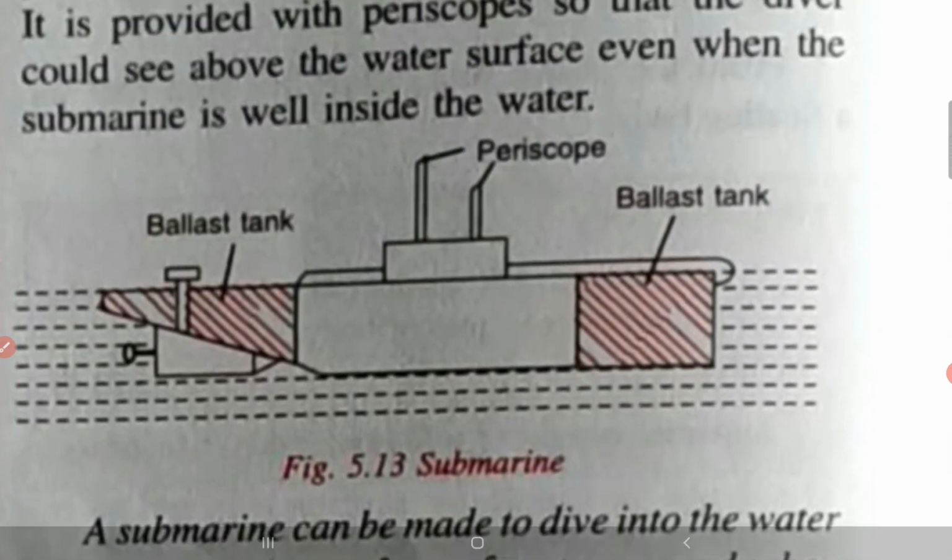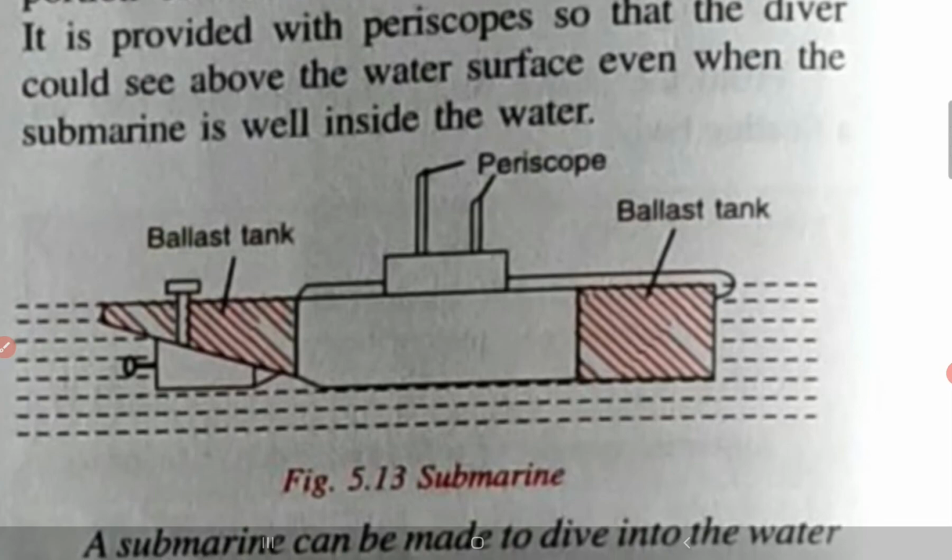So to explain this phenomenon, if the submarine wants to go deep down inside the water, these tanks are filled with water, such that the density of the submarine becomes more and hence it descends down.